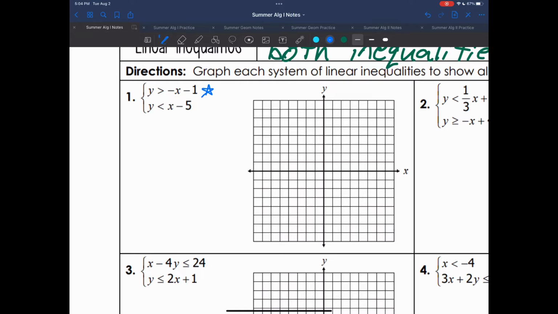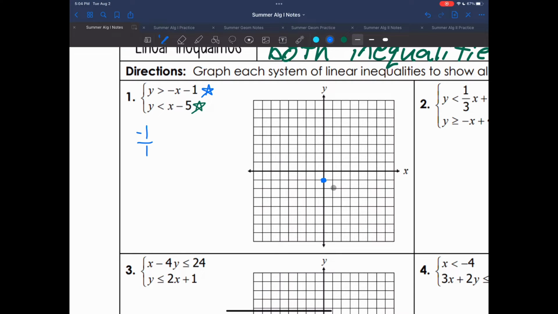We'll do blue for the top one again, and we'll do green for the bottom one. Okay, so top one's blue. I'm going to graph -1 first over here. That's my y-intercept. And then I have a slope of -1 also. Keep in mind that slope, -1, you can put over 1. And hopefully you know by now that that means we go down 1 and to the right 1. So I'm going to do that.